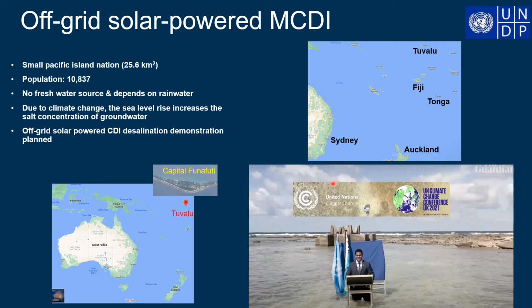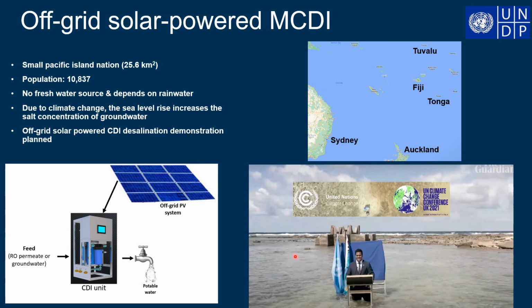Last year in November we had the UN climate change conference in the UK, and this is the Minister of the Environment of Tuvalu. They tried to appeal about their country sinking because of climate change, and we have developed an off-grid solar power system and demonstrated seawater desalination, especially of groundwater.